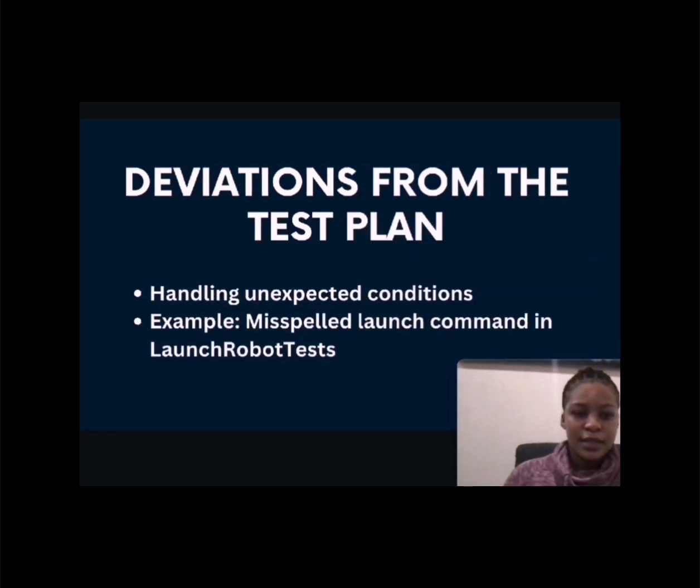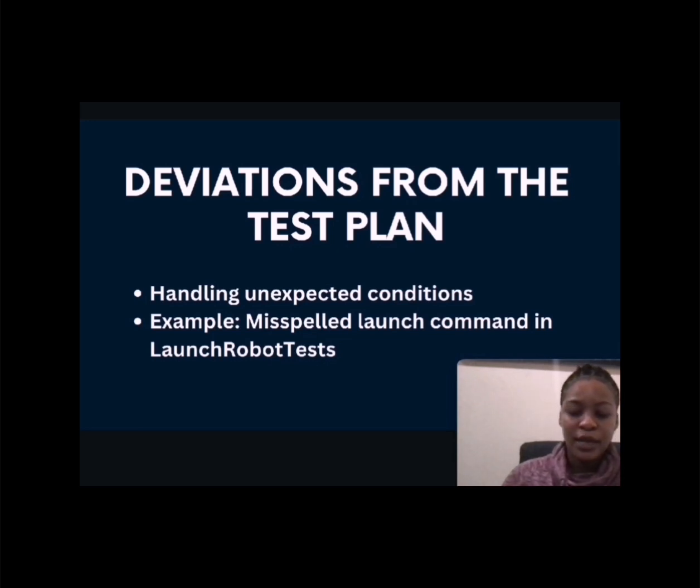The deviation from the test plan. So sometimes tests are needed to handle unexpected conditions, which we document as deviations. This helps us to refine our test plan and also helps us to improve the testing process.